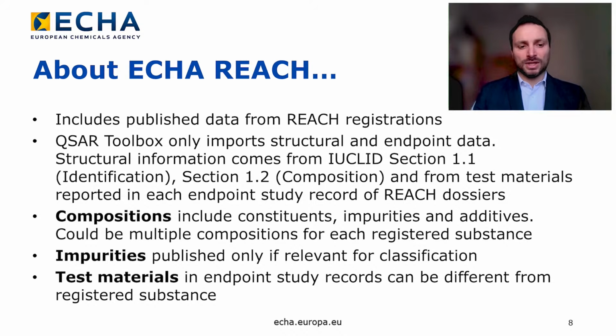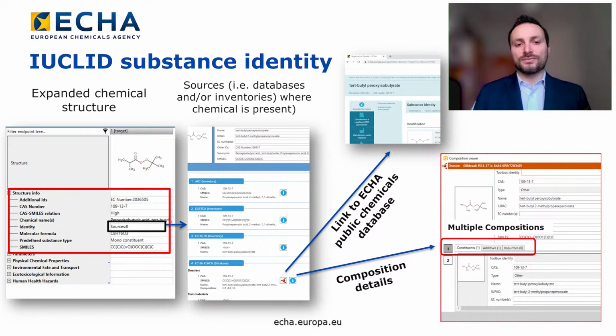Now that we know about ECHA REACH, let's see what information is included in Toolbox. First of all, you can access detailed IUCLID substance identity information. You can expand the structural info tab and then click on the sources.